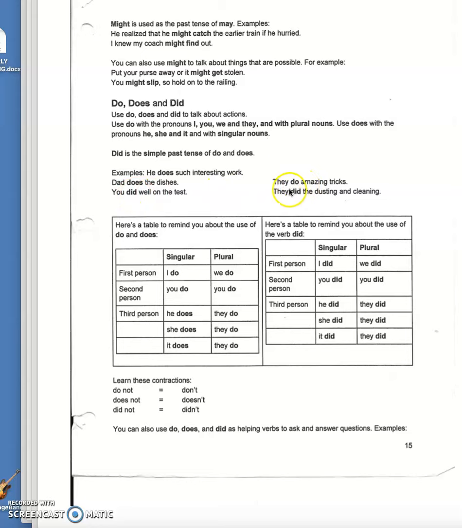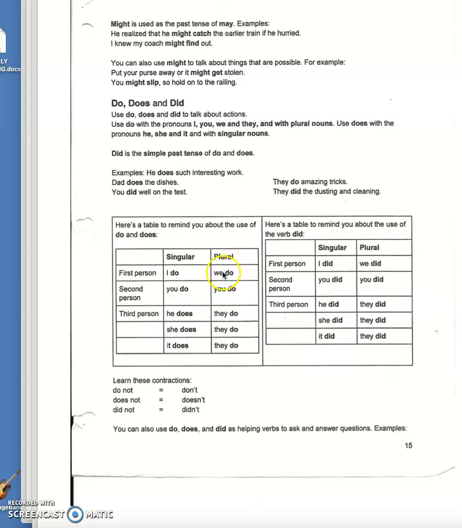they do, they did. So here, if we look at the table here that has first person, second person, third person with singular and plural, we see I do, you do, he does, she does, it does.